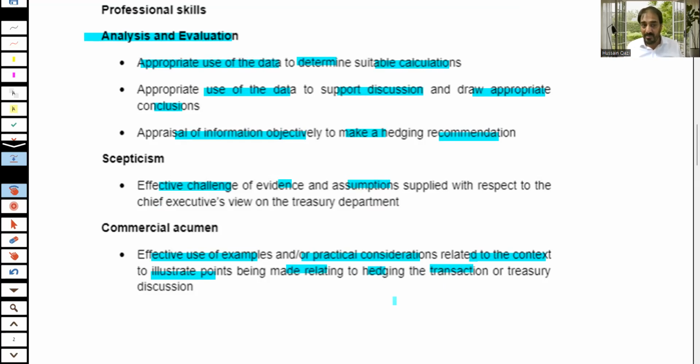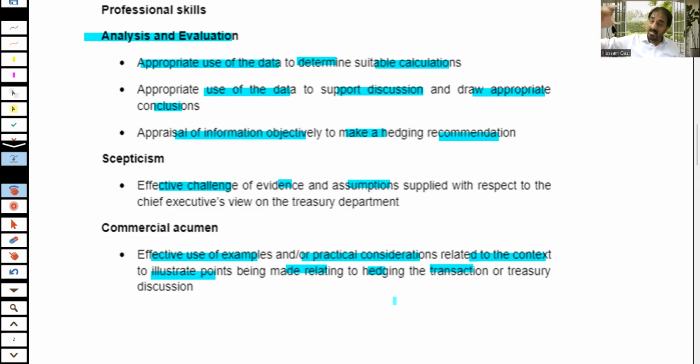We will discuss the B part. Commercial acumen means be practical. Being practical means incorporate some examples. What examples, sir? What type of examples? For example, if we are considering FRA, the question is not mentioning the default risk related to OTC, over-the-counter contracts.